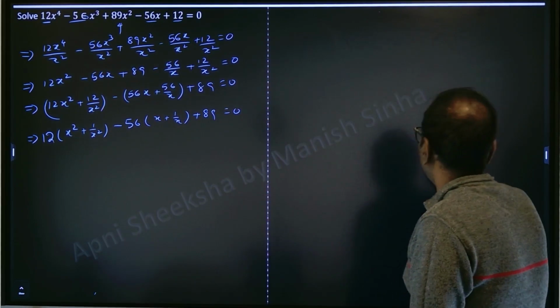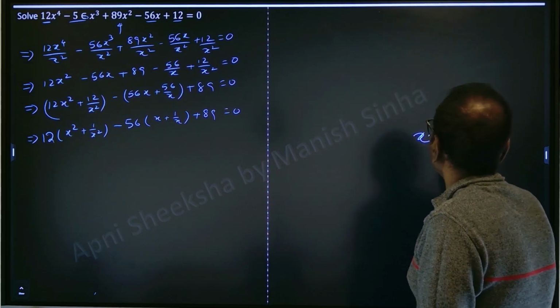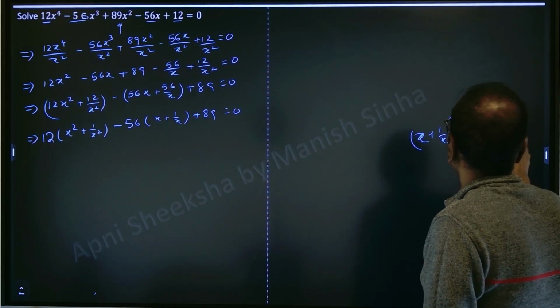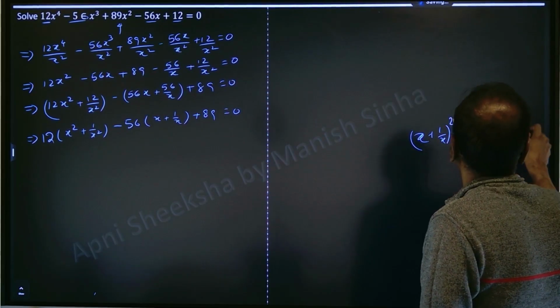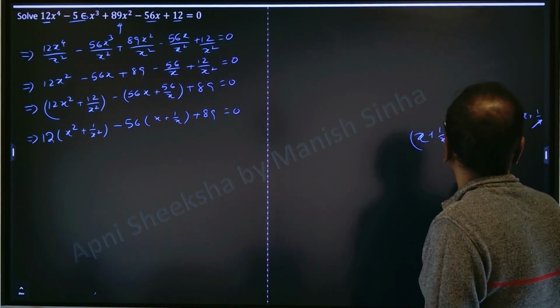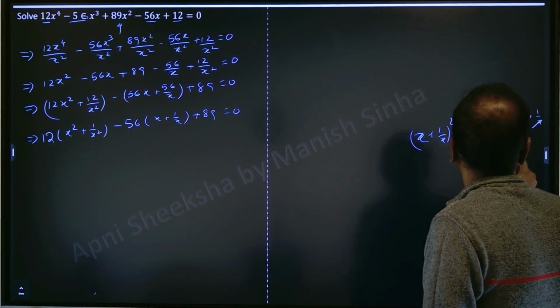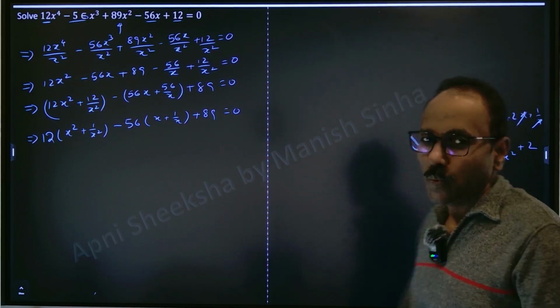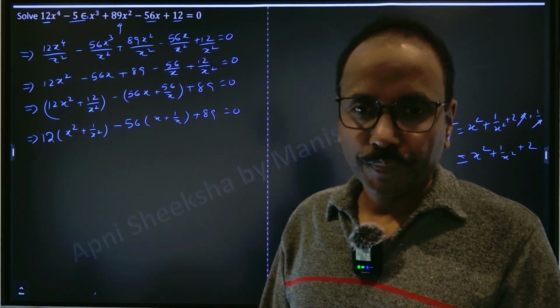You can see over here, x plus 1 by x whole square is x square plus 1 by x square plus 2 into x into 1 by x, plus 2, right?